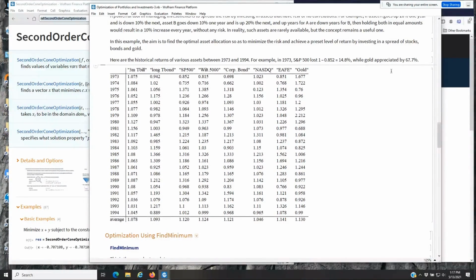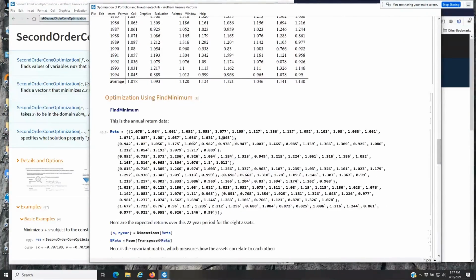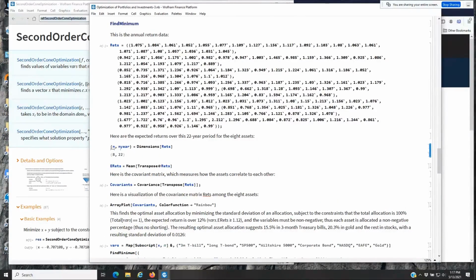So I'm going to convert each of these columns, where a column is associated with each of the instruments, into a row. And this is now our list of returns. I can go in and ask about its dimensions. So there are 8 stocks, and we're going over 22 years.